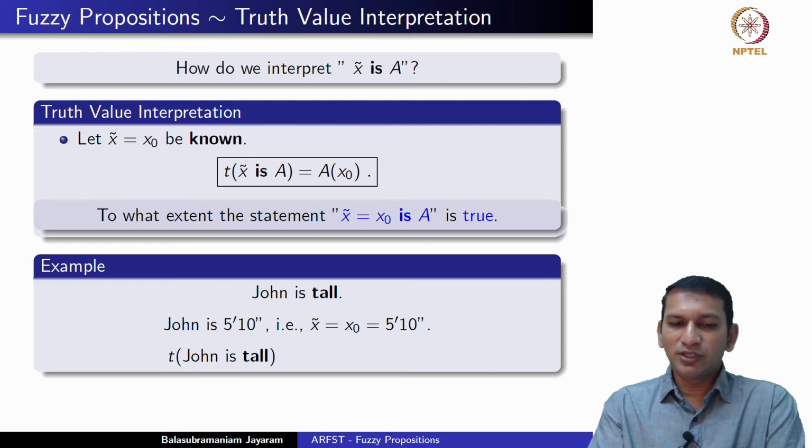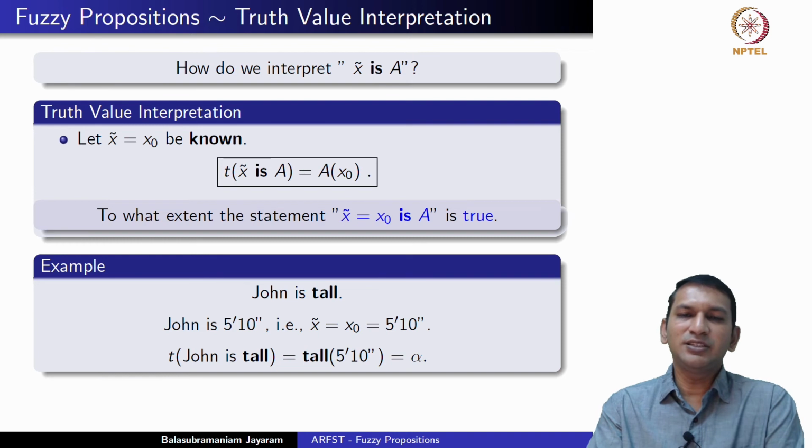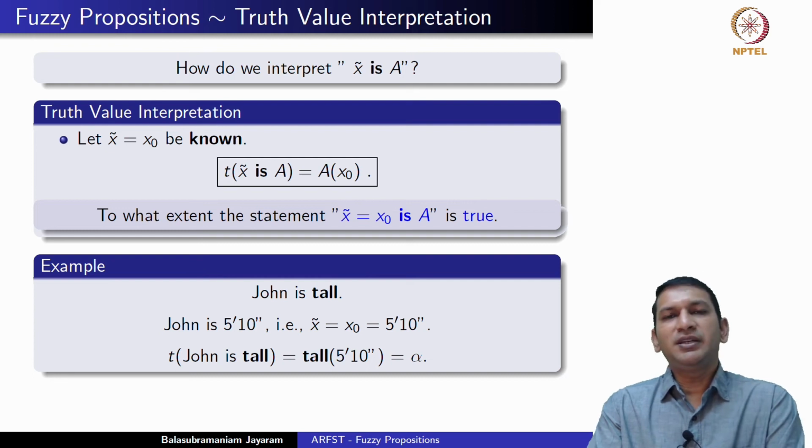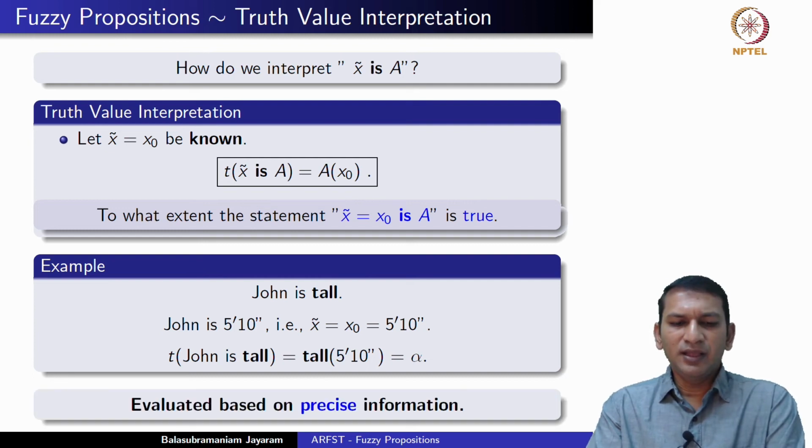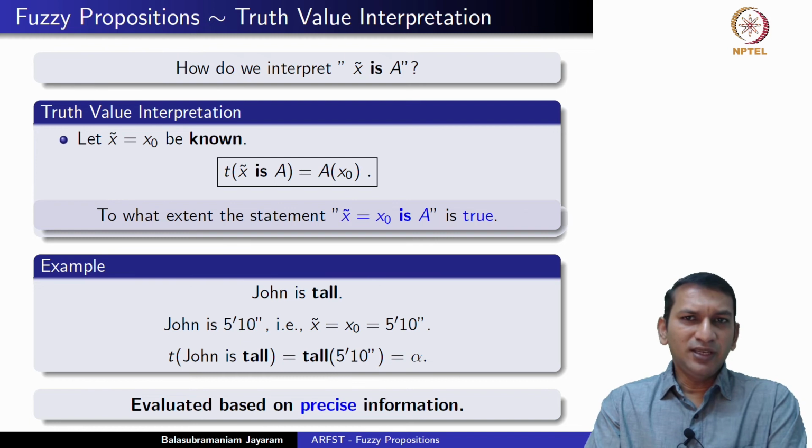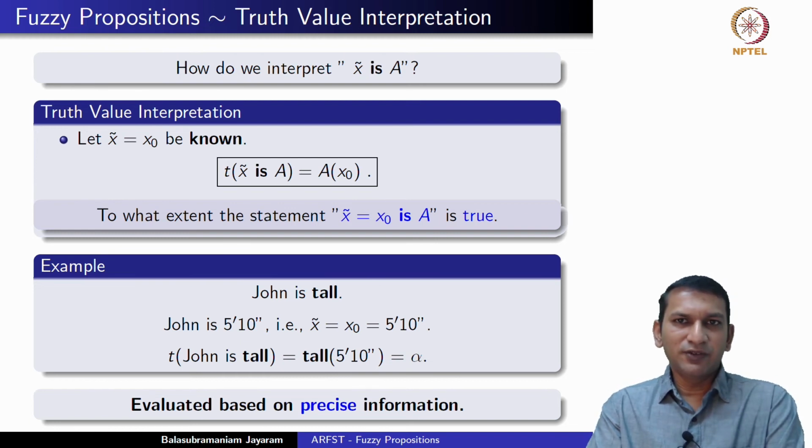The truth value of John is tall is essentially to what extent 5 foot 10 inches belongs to this fuzzy set tall. If it belongs to the degree alpha, then that is the truth value of this statement given x tilde is equal to x naught. So this is one way to interpret a fuzzy proposition. Essentially, we are evaluating the truth value of the statement itself based on precise information.